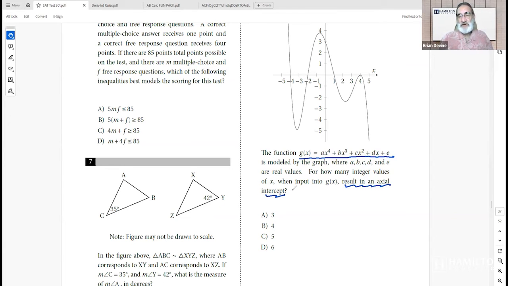Now, axial means it could be x or y. And I see 1, 2, 3, 4, 5 places, as I mentioned when I came into the problem, where it goes across an axis. So 5 is the answer.